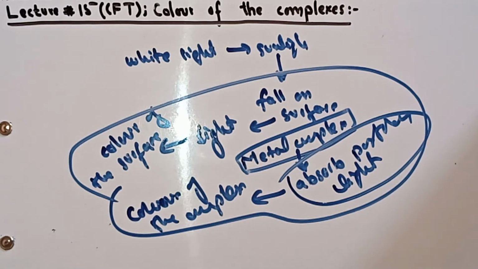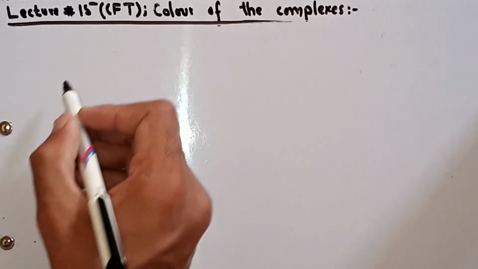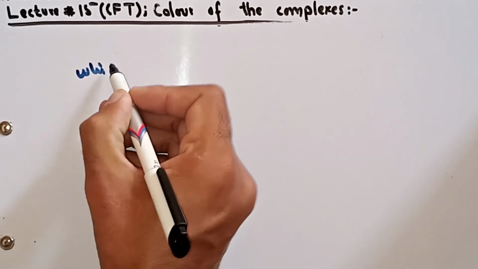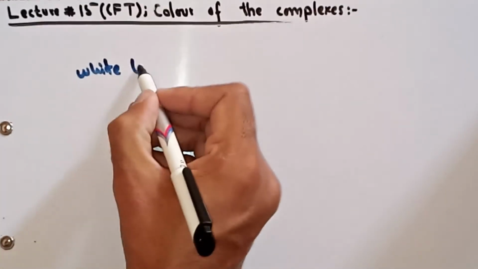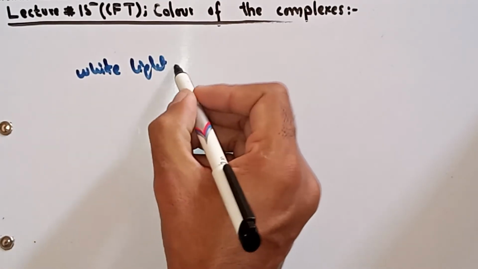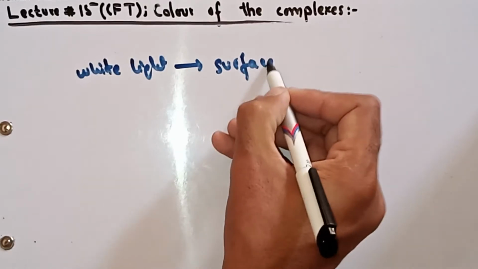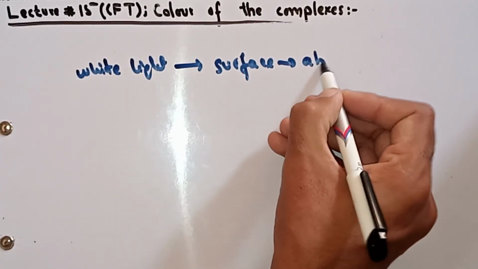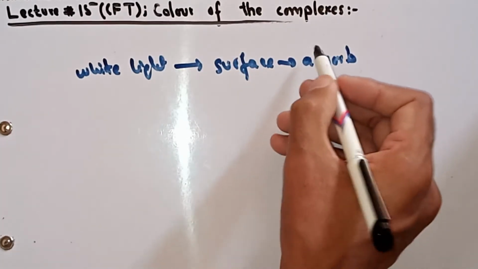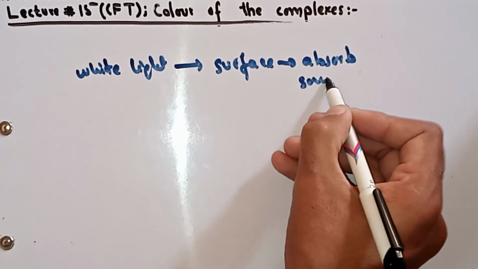In today's lecture we study why complexes show colors. When white light comes from sunlight and falls on any surface, the surface absorbs some portion of light.